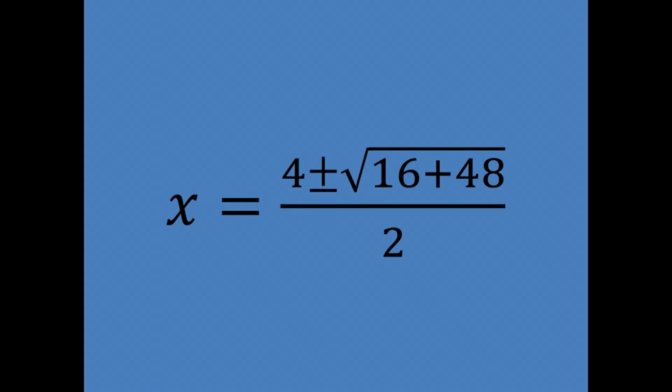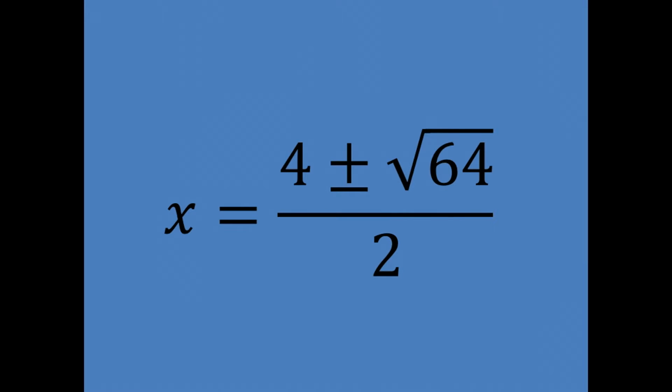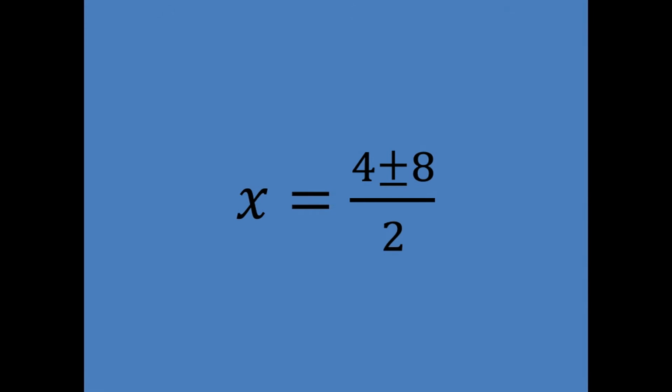And that results to x is equal to 4 plus or minus the square root of 16 plus 48 divided by 2. Going further, x is equal to 4 plus or minus the square root of 64 divided by 2, which is x equals 4 plus or minus 8 divided by 2.